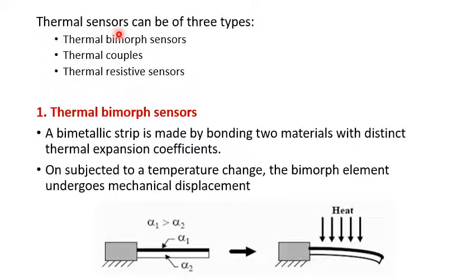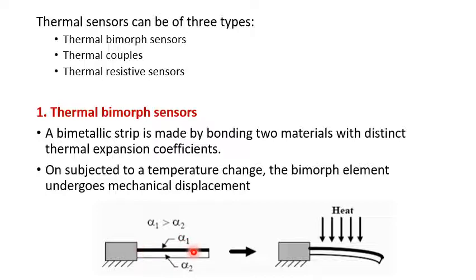Now thermal sensors can be of three types: thermal bimorph sensors, thermocouples, and thermal resistive sensors. The first one is a thermal bimorph sensor. A bimorph element or a bimetallic strip is made by binding two materials having different values of thermal expansion coefficient.